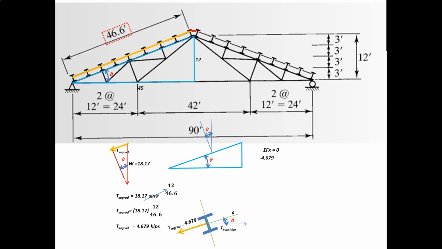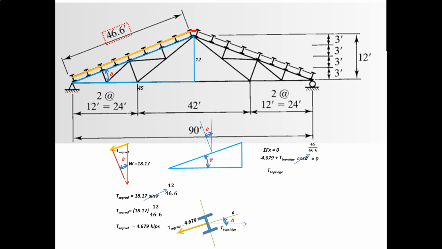Hence, 4.679 is towards the left, that will be denoted by negative, plus the component of the T top ridge multiplied by cosine theta. Now cosine theta here is 45 over 46.6. So this will have to be equal to 0.